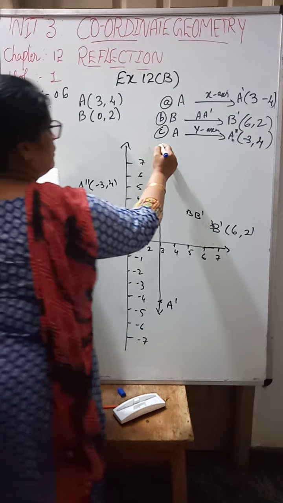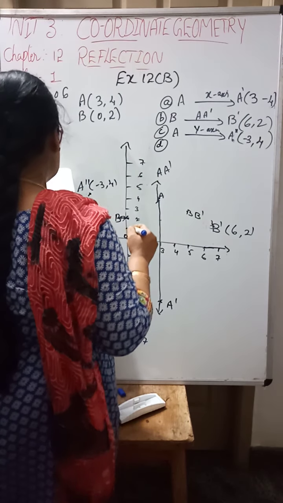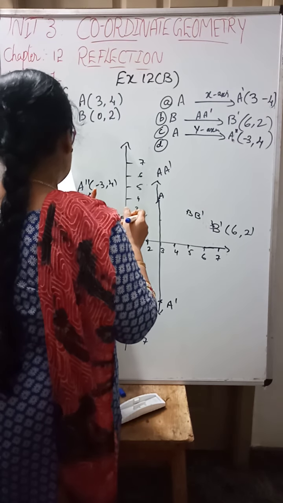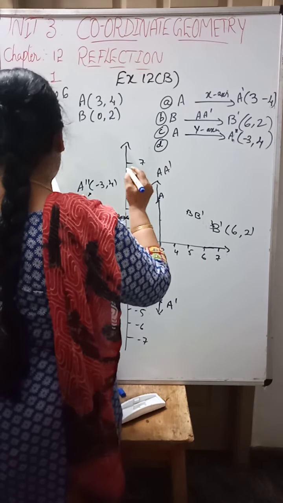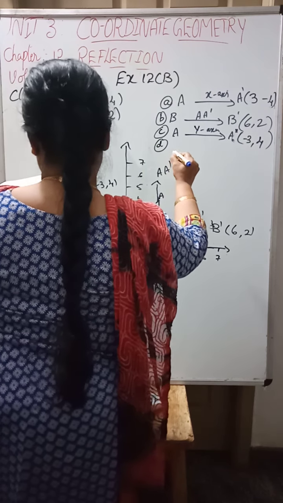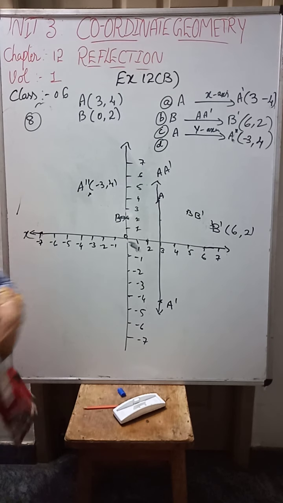Now D says that B double dash of B under the reflection in the line A double dash.